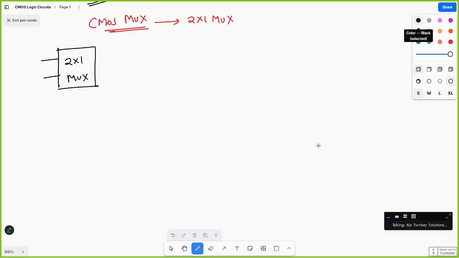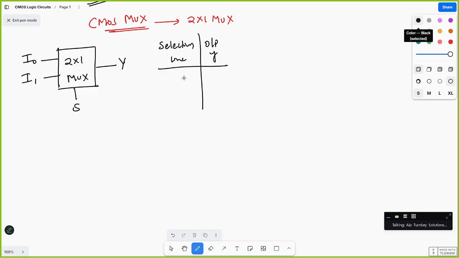Yeah, 2 cross 1 mux you can do, no? See here, 2 cross 1 mux. What are the inputs? I0, I1, and output. What is the output? Y. And what is the selection line? If the selection line is 0, I0 is connected.